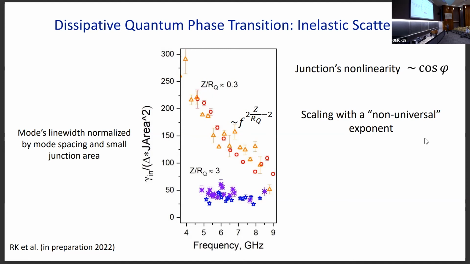Actually, the area of the junction is twice different, which means that the EJ we see is 4 times different. But they align to each other, and they follow this simple expression, which is just a frequency with some non-universal scaling given by this Z over Q parameter.